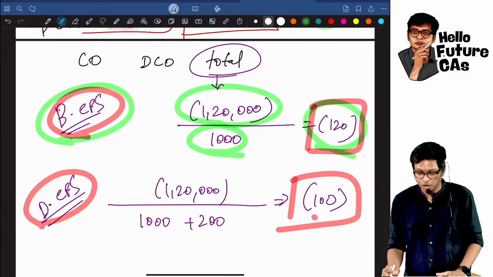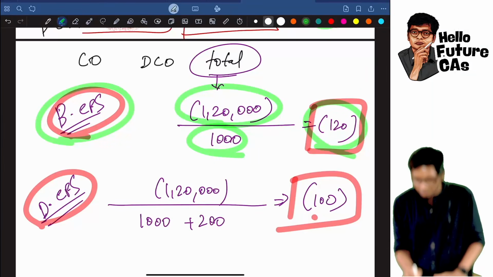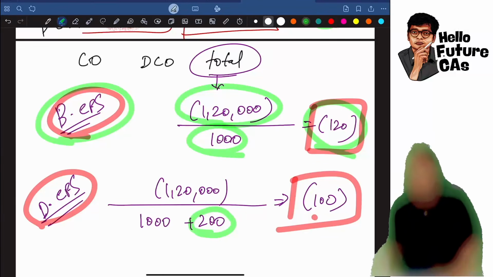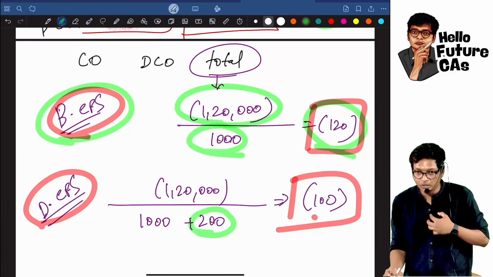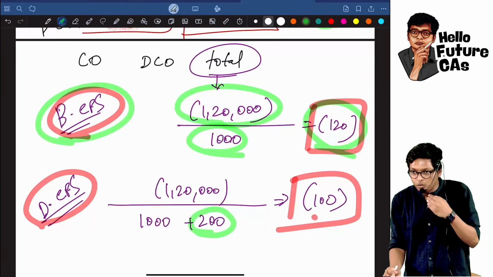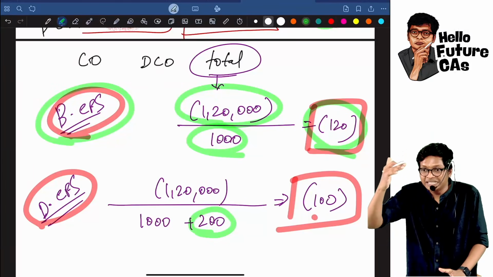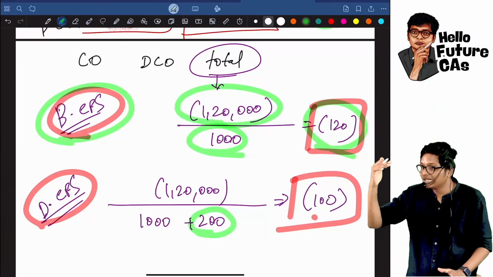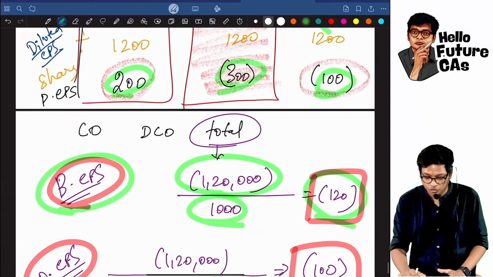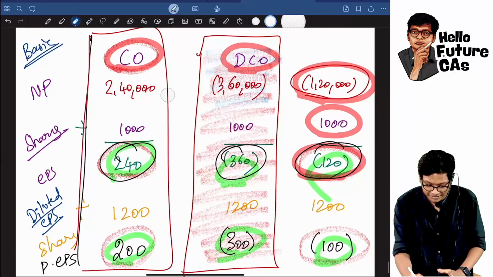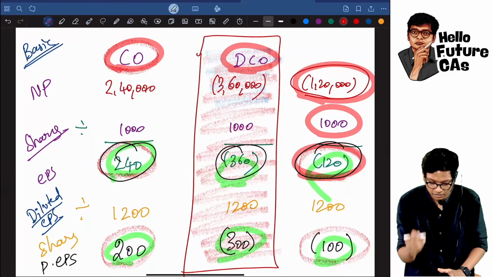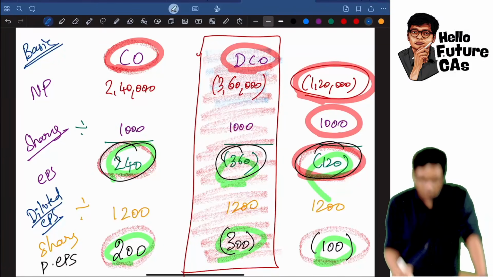Now the question is, should I add 200? When I add 200, my EPS should decrease. Correct? So for that, look at what they are saying.